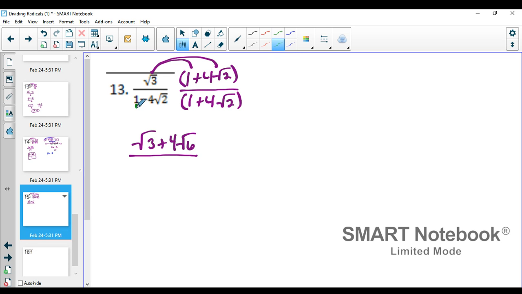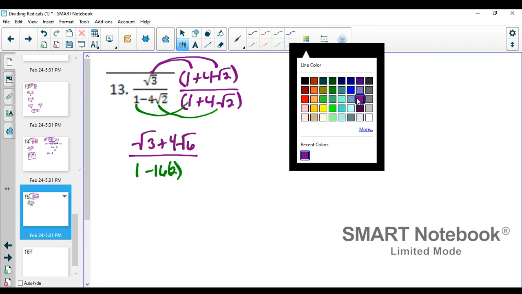And now this is where we're going to use that shortcut. So you multiply the first ones together, so 1 times 1 is 1, and then negative 4 square root of 2 times positive 4 square root of 2. So negative 4 times positive 4 is minus 16, and then we have times square root of 2 is 2. Okay, so we have 1 minus 16 times 2. So let's simplify this further.